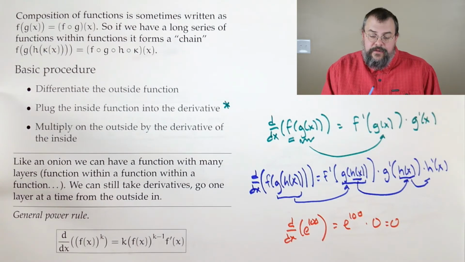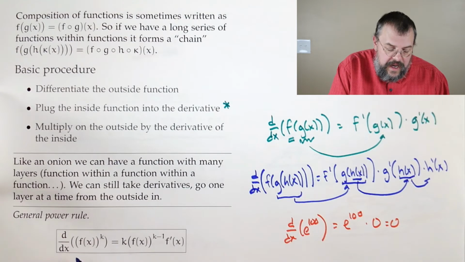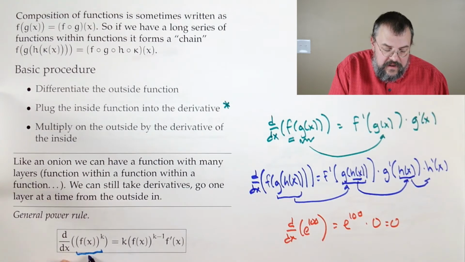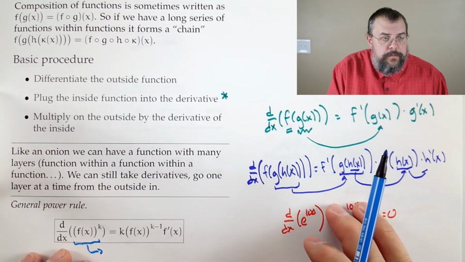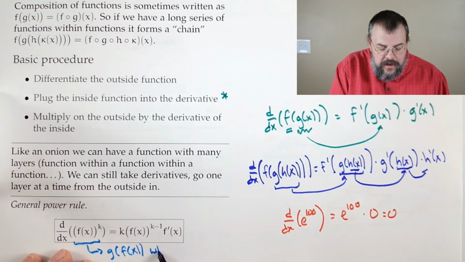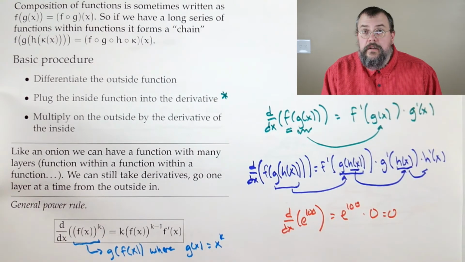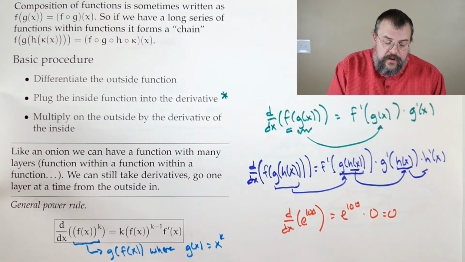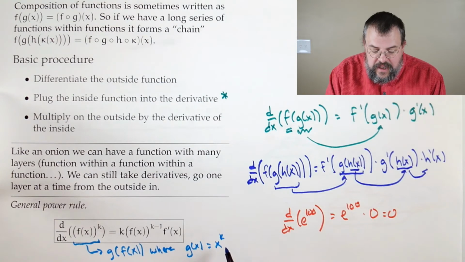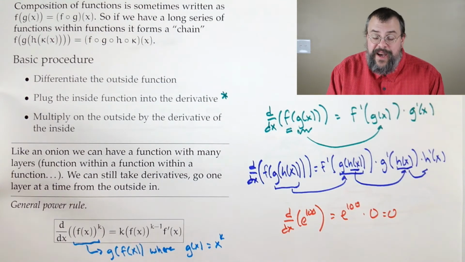Now, how does that rule work? Well, this is really g of f of x, where g of x is x to the k. Because what does this function say? It says whatever you plug in, raise it to the kth power. So if you plug in f of x, you get f of x to the kth power.